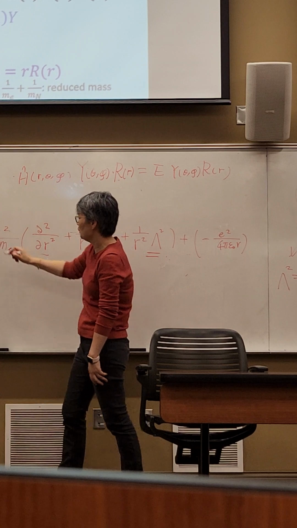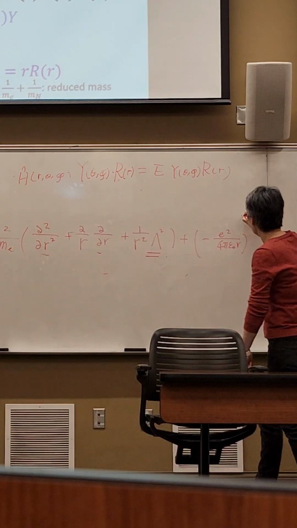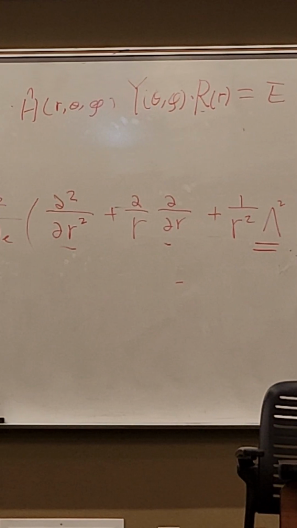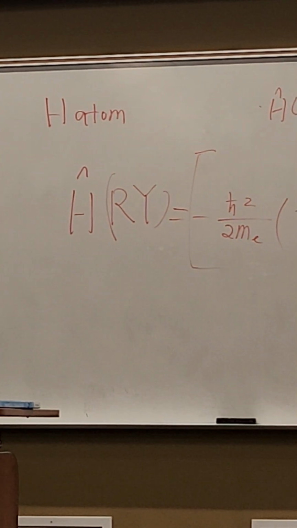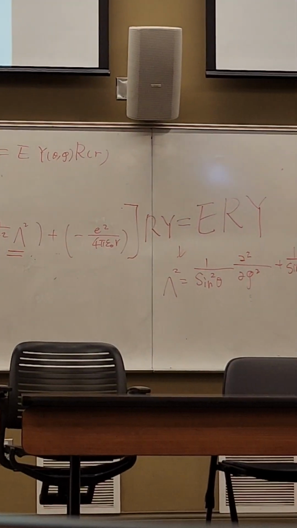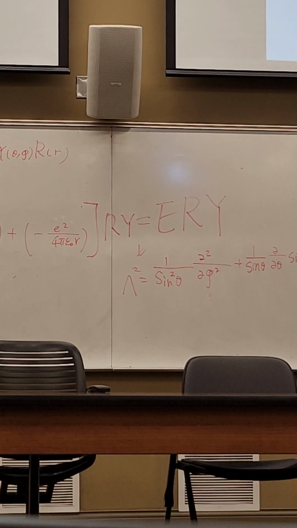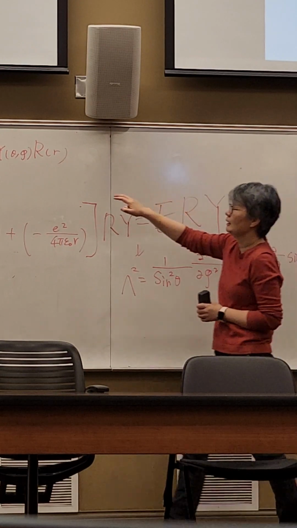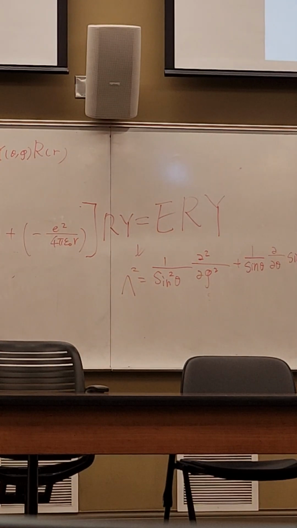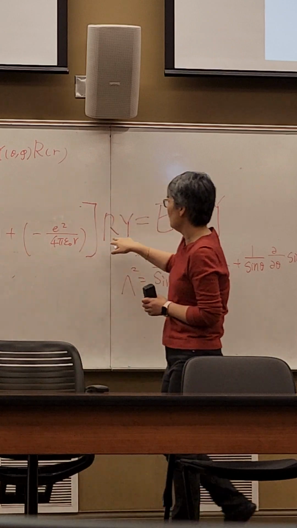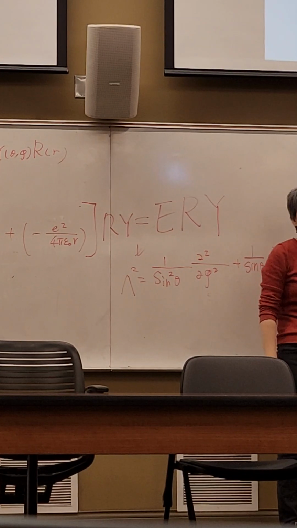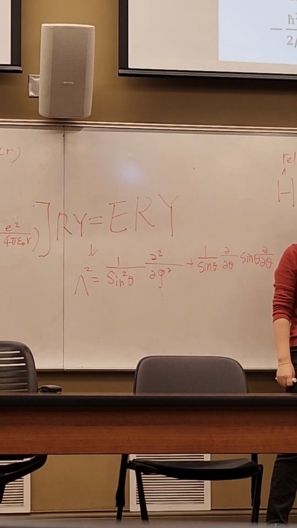Y times R, that equals to, that's your Hamiltonian operator operated onto the R times Y, and that will equal to the energy times R times Y. Any questions on that? So this is your Schrodinger equation. Now what I did is just plug in the Hamiltonian operator, operate onto the wave function. On the other side is your energy times the wave function. Didn't do anything fancy. Okay, alrighty.